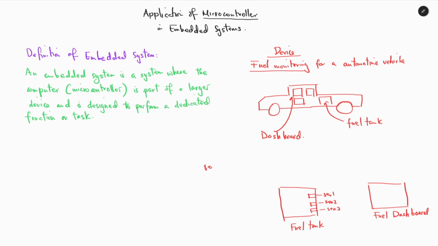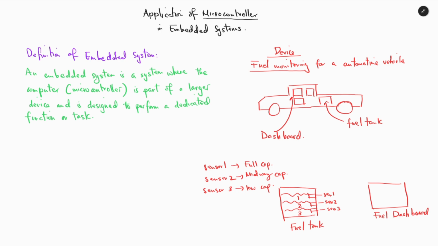And we can understand that sensor 1, sensor 2, and sensor 3 all measure, let's say, the full capacity, the midway capacity, and the low capacity of the fuel within the tank. As soon as the fuel is at each of these levels, the particular sensor is responsible to indicate that the fuel is at each of these levels, level 1, level 2, and level 3.